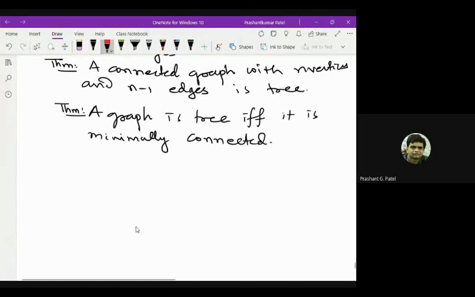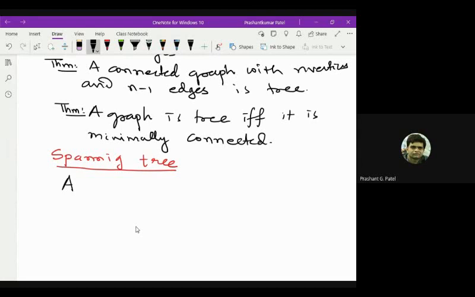The next definition is very important, known as a spanning tree. So what is the definition of a spanning tree? A tree is called a spanning tree of a connected graph if, first of all, it is a subgraph of G and it contains all its vertices.